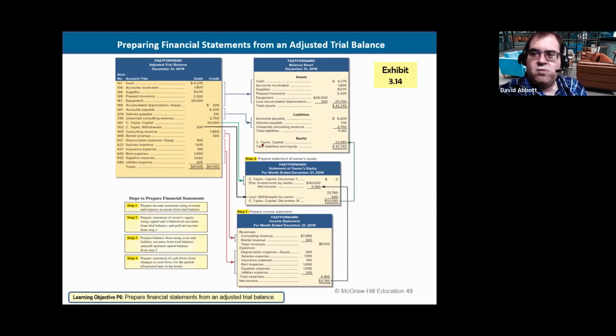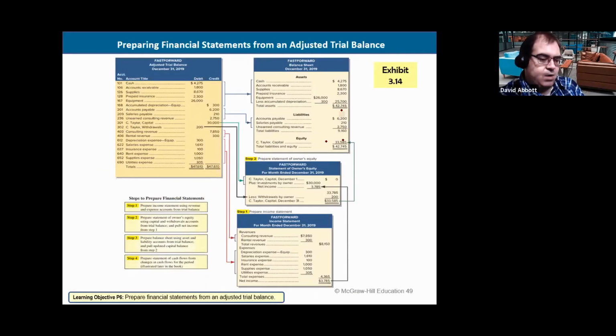And then we have equity, C. Taylor, equity. That should be the amount that we figured out here on the statement of owner's equity. Then we can figure out the totals of our liabilities and our equity. And then we see that both of these in fact do balance. So we know that everything should be done correctly.